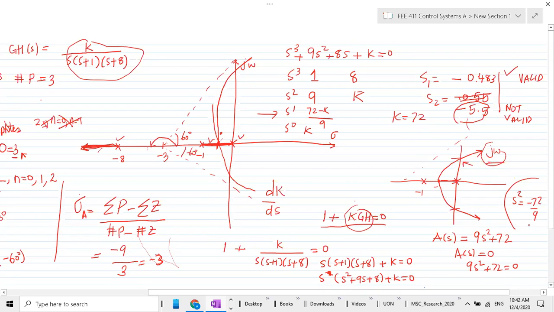So minus 72 over 9 is what? I think you'll get s equals plus or minus j 2.83. So your points here are j 2.83 and minus j 2.83. So that is how we plot the root locus, or we sketch.